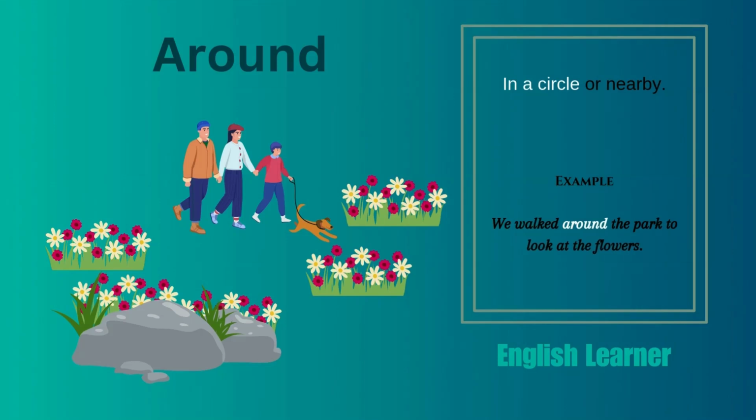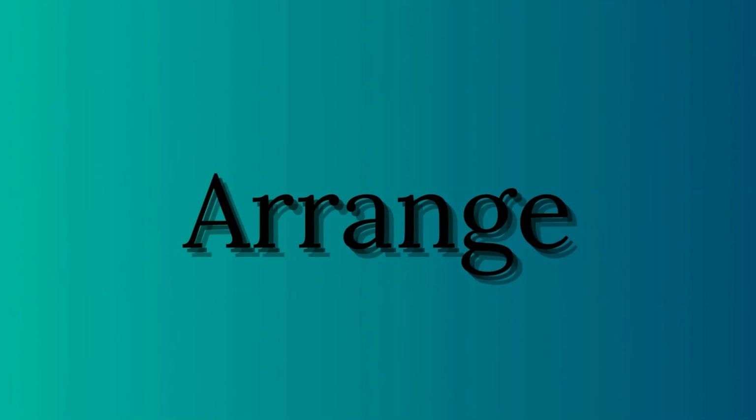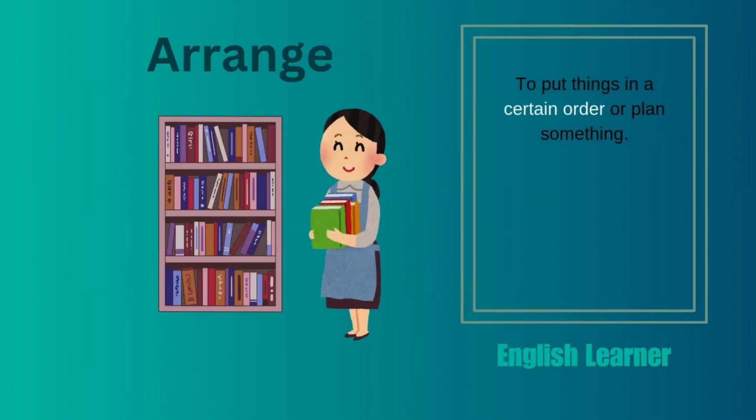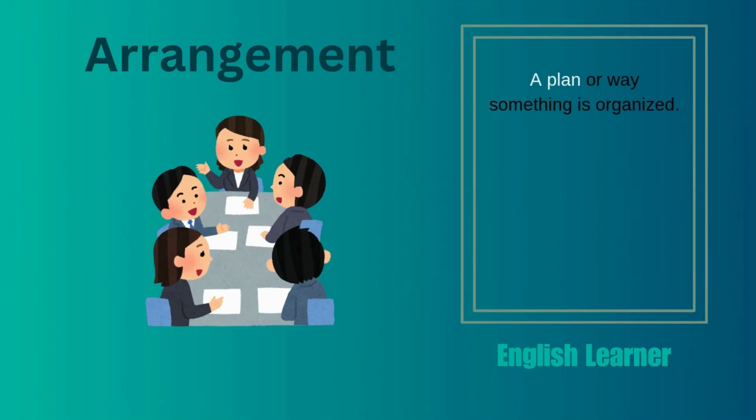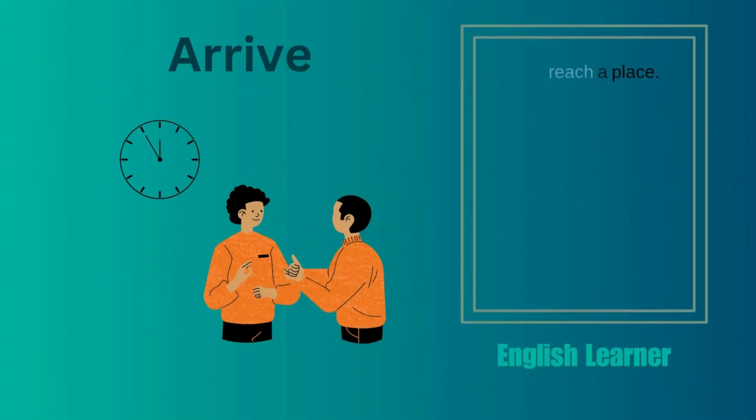We walked around the park to look at the flowers. Arrange. To put things in a certain order or plan something. Example. I will arrange the books on the shelf by color. Arrangement. A plan or way something is organized. Example. We made an arrangement to meet after school. Arrive. To reach a place.